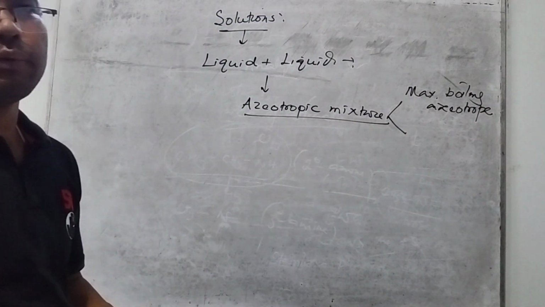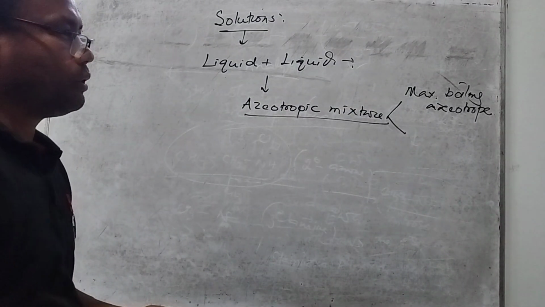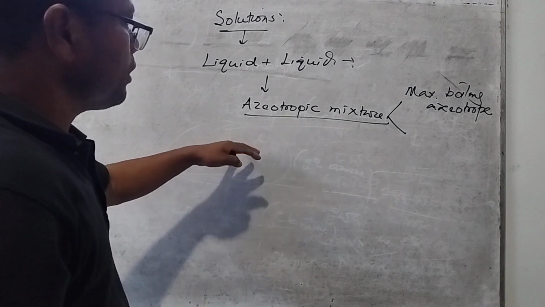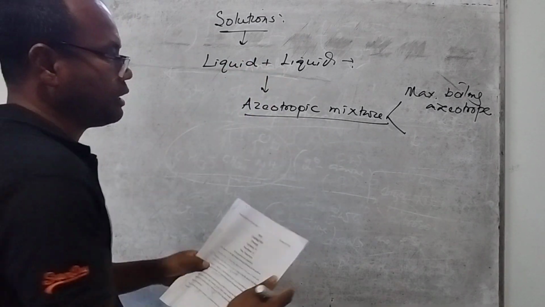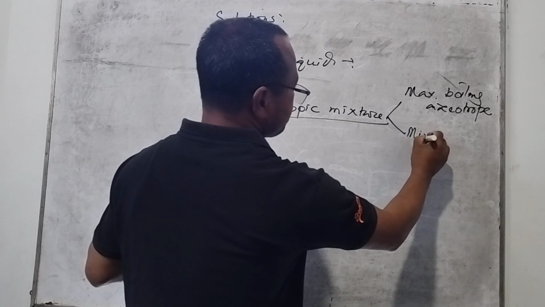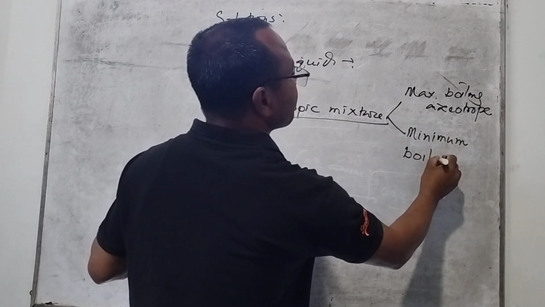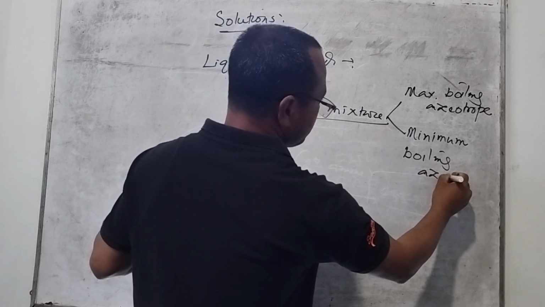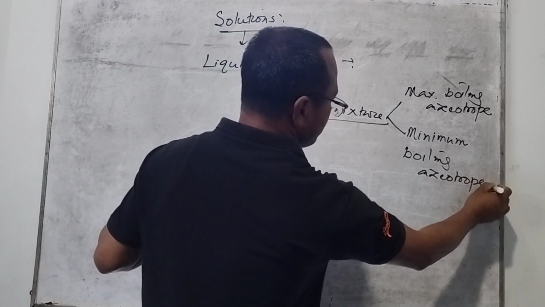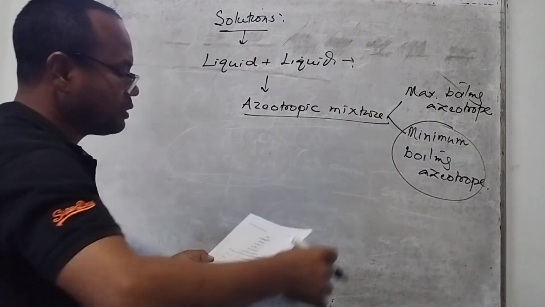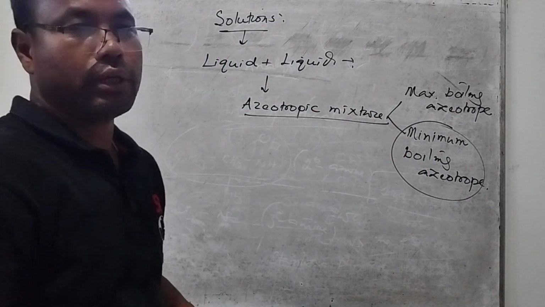Then another type is where the mixture of liquids boils below the boiling point of one of the liquids given here, that is the minimum boiling azeotrope. Now here that question is related to the minimum boiling azeotrope.